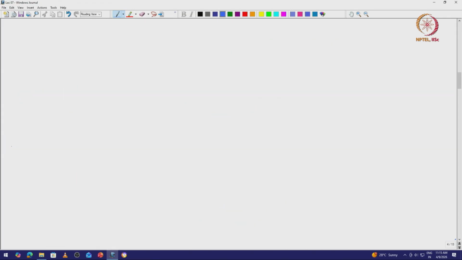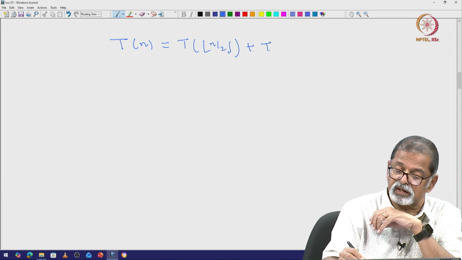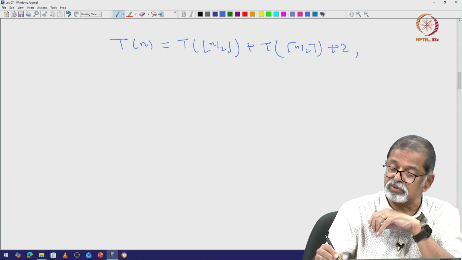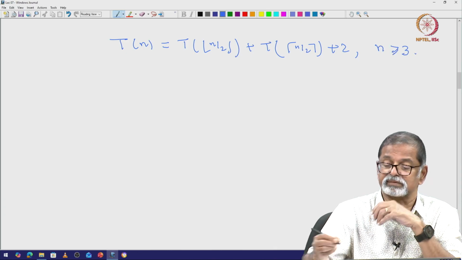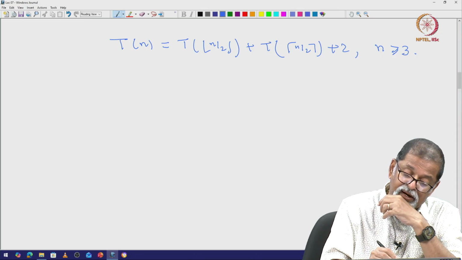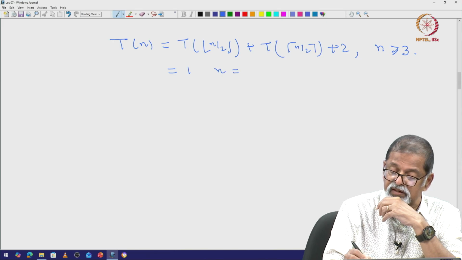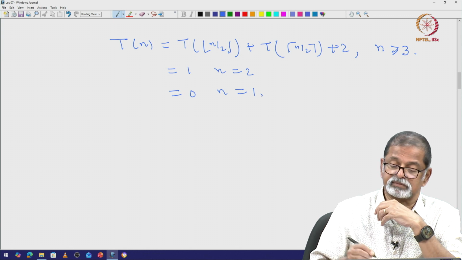So, the recurrence equation is T of n equals T of floor n by 2 plus T of ceil n by 2 plus 2 if n is greater than or equal to 3, and this is equal to 1 if n equals 2, this is equal to 0 if n equals 1.